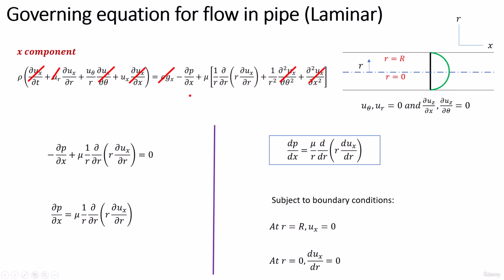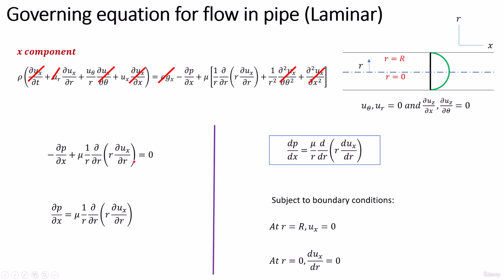The pressure gradient is there, and that is along the x direction. In the two components, the variation of u x with respect to theta is 0, and the same is the case along the x direction. So the only components we now have are the pressure gradient and the shear stress.